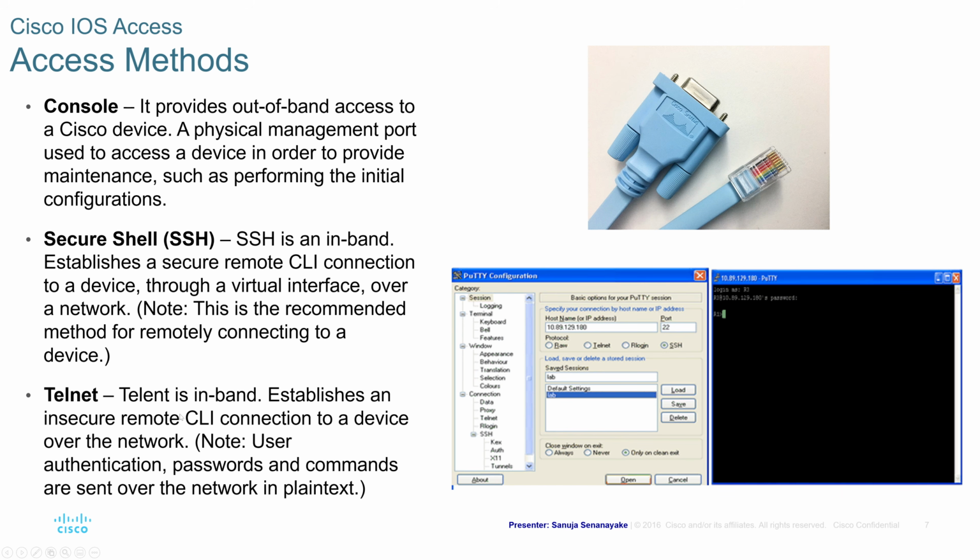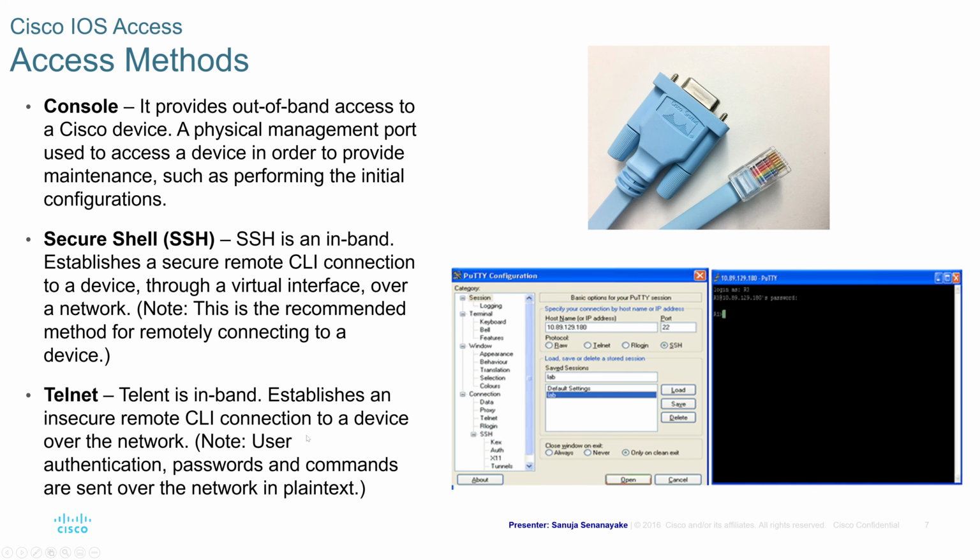Telnet is a little bit of an older connection type. It is also an in-band connection. It establishes, however, an insecure remote CLI connection to a device. Even though both SSH and Telnet allow remote connections to the device over the network, the user authentication, passwords and commands sent over Telnet are not encrypted the way they are in SSH.